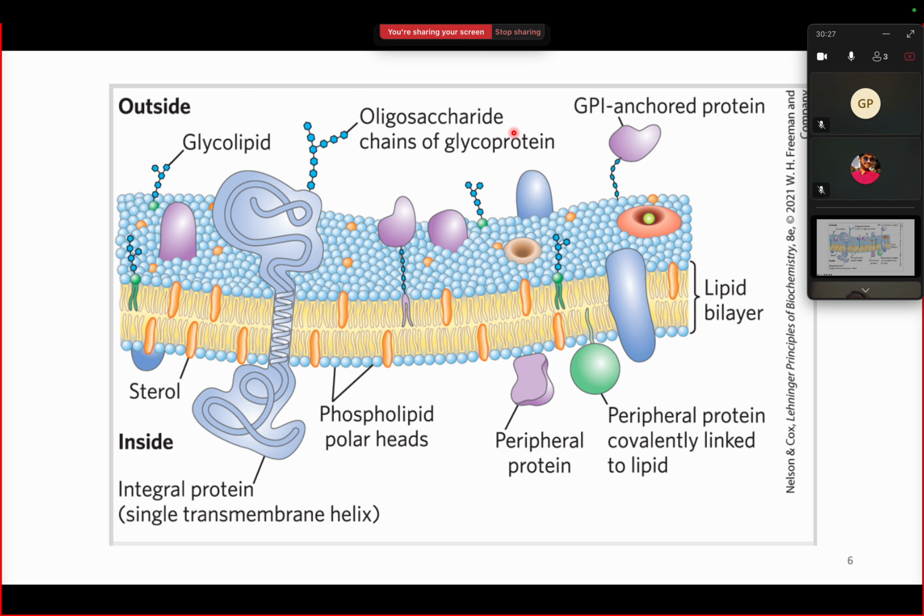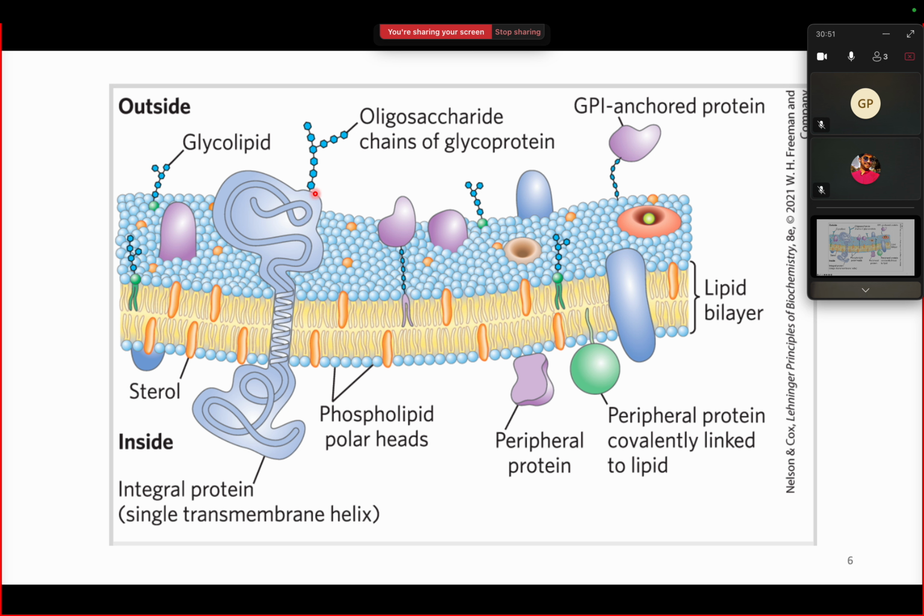If you remember, there are certain surface markers, there are receptors of a cell through which we determine what type of a cell we are dealing with, right? So those characteristics or specificity for a cell is determined by the carbohydrates which are associated with the cell.